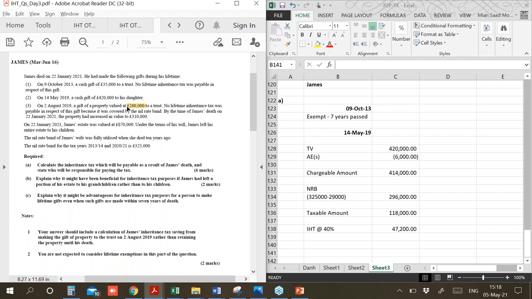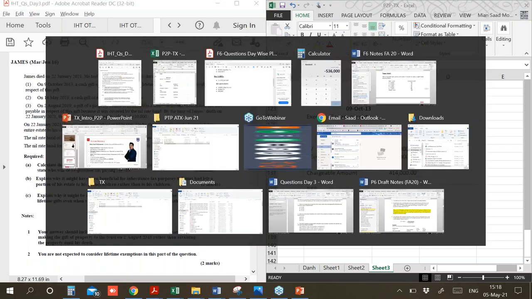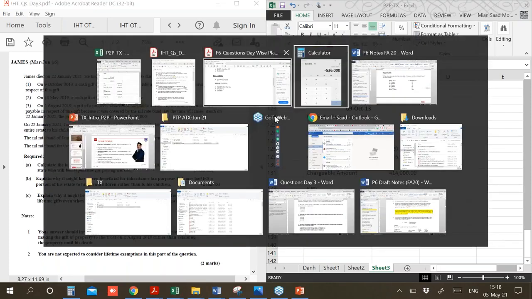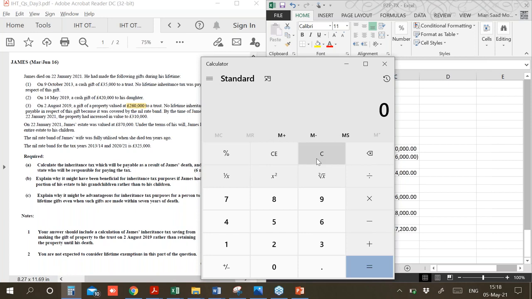However, now the tax will be applicable on 260,000 rather than 310,000. So the difference between them, 310,000 minus 260,000, is 50,000 times 40%, because there would have been a 40% IHT.